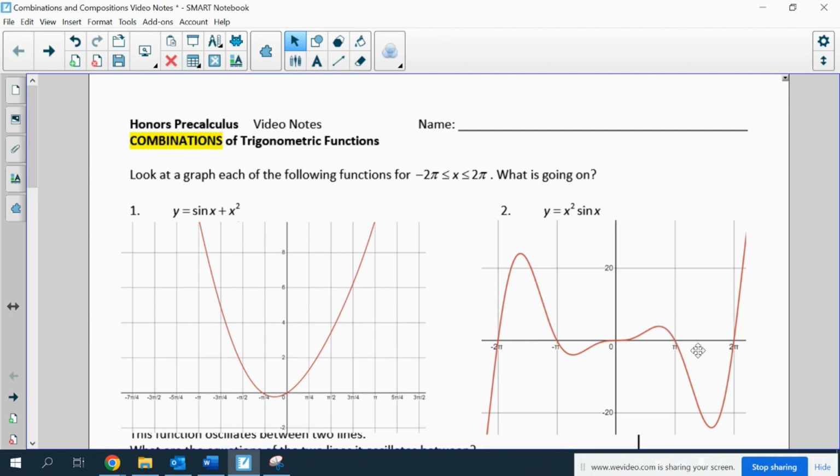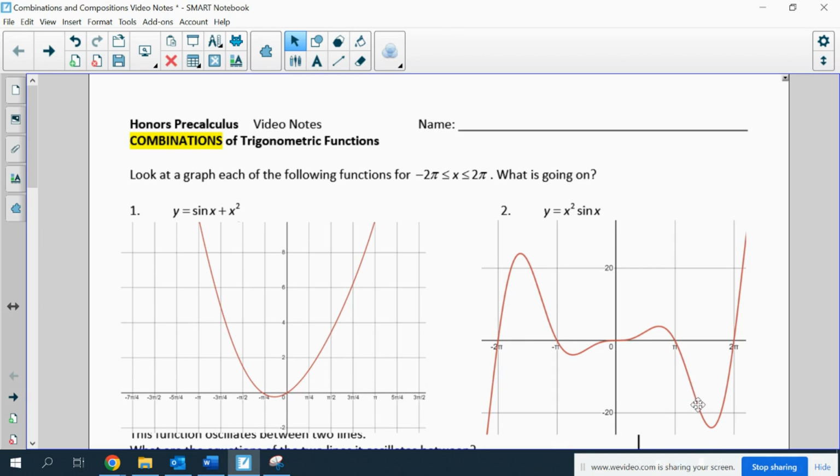So if I plug in, for example, 3 pi halves, sine of 3 pi halves is -1. But x squared, when x is 3 pi halves, that's 9 pi over 4. So it's 9 pi over 4 times -1. So that number, 9 pi, is 27, something like that.